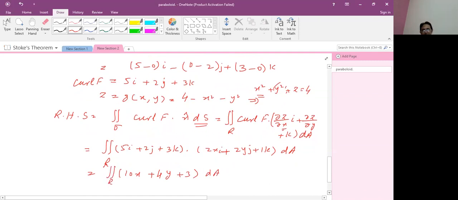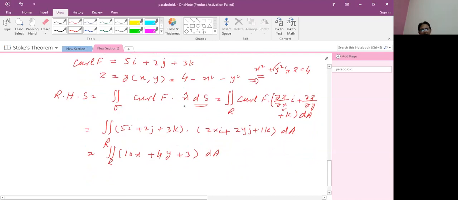R represents here the rectangular region, because when we convert the surface integral into the region, dA is equal to r dr d theta.